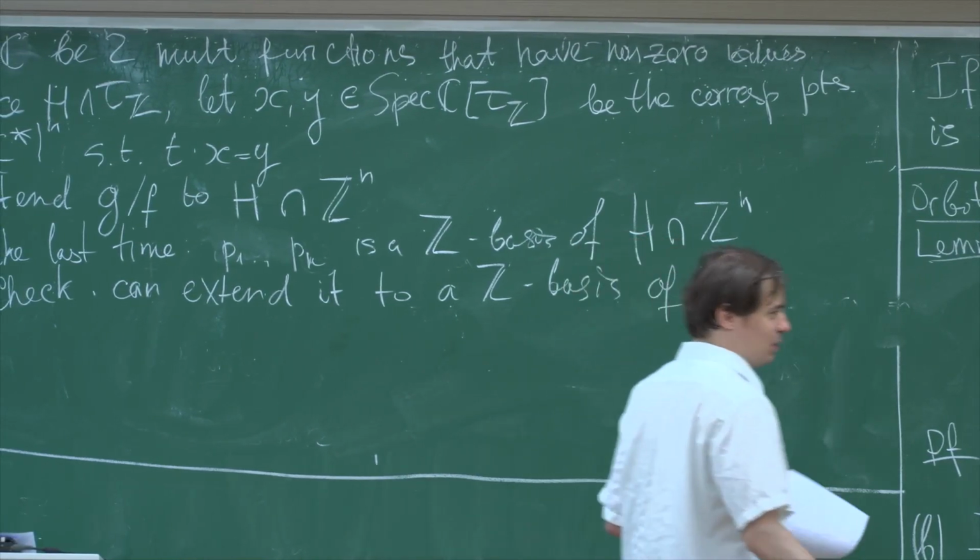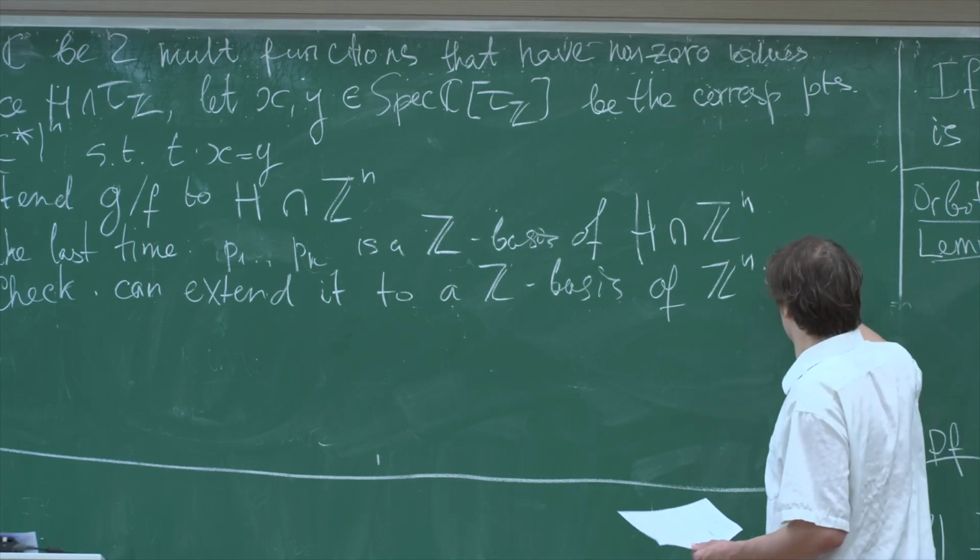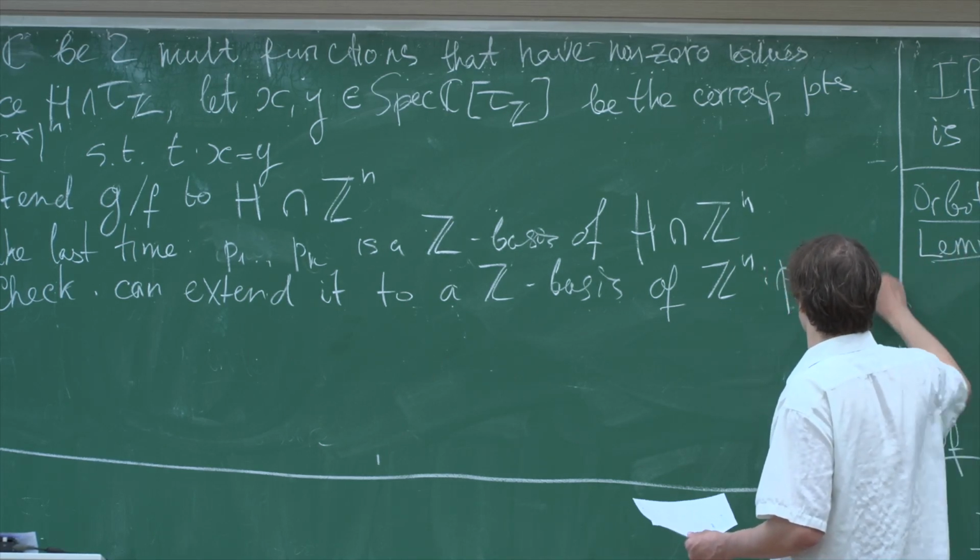We add points one by one by the lemma from the last time: pk plus 1 up to pn.